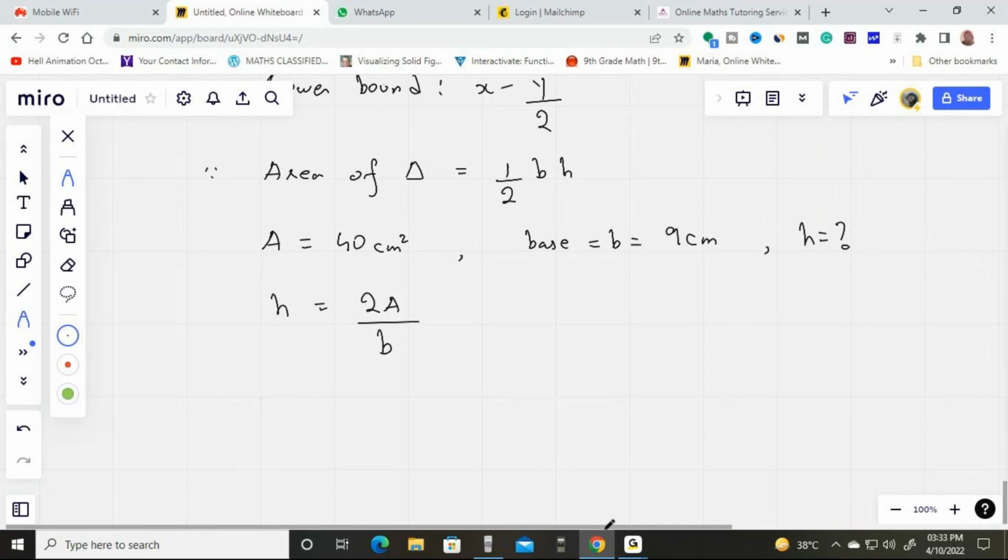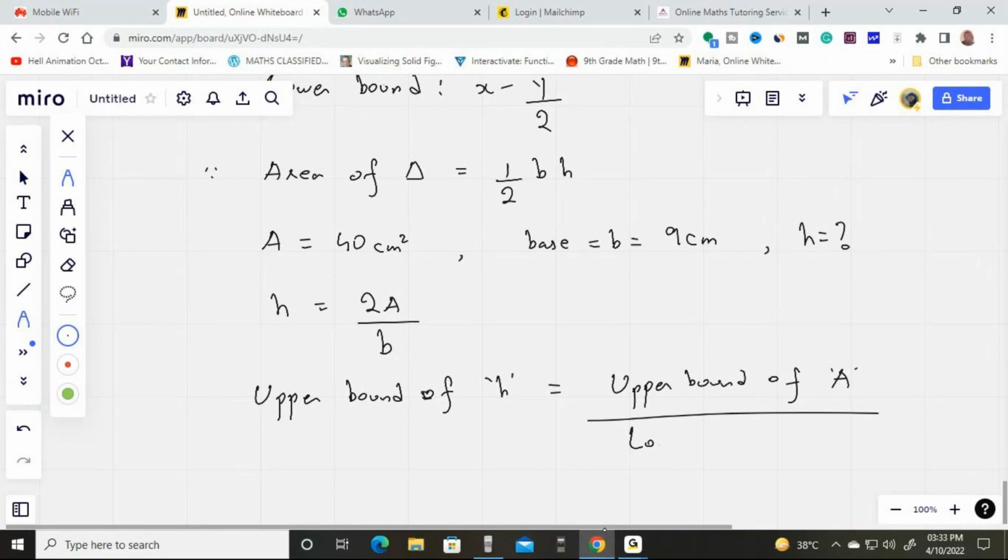Let me write down here in a proper way so that you can follow. The upper bound of your height is obtained by dividing the upper bound of your area with the lower bound of your base.